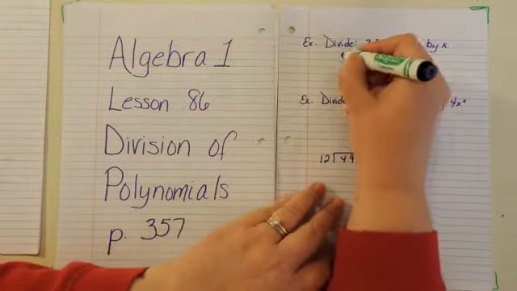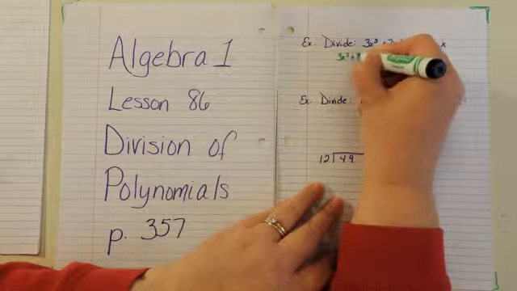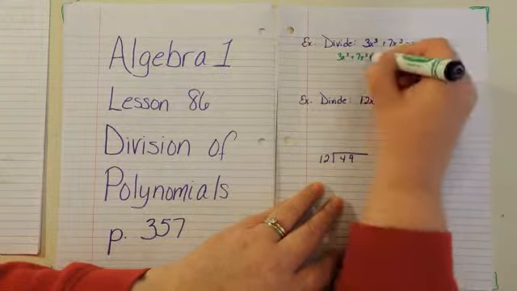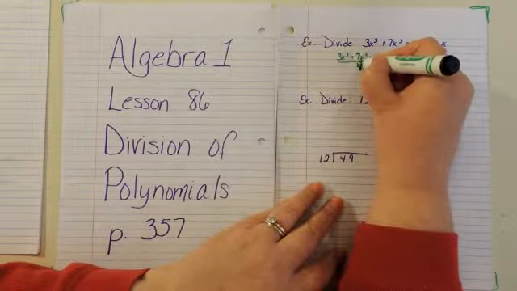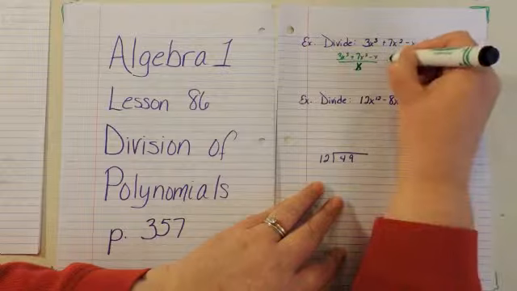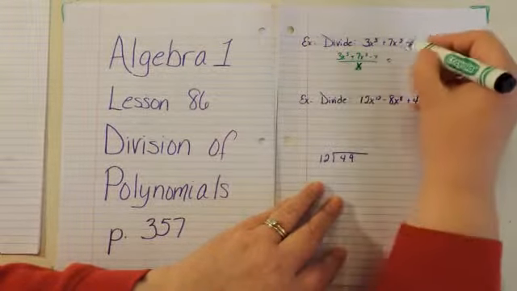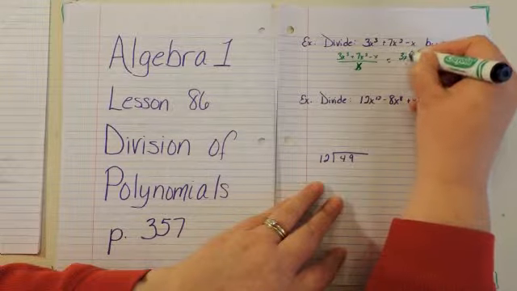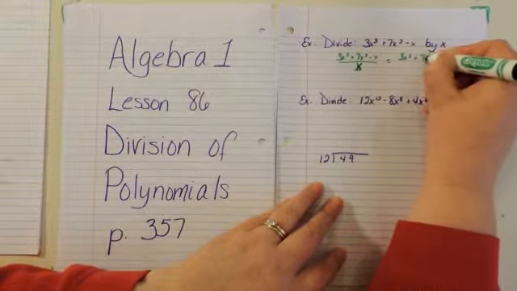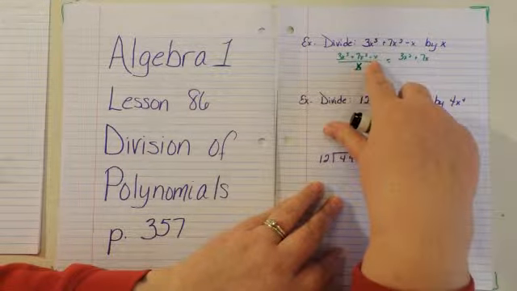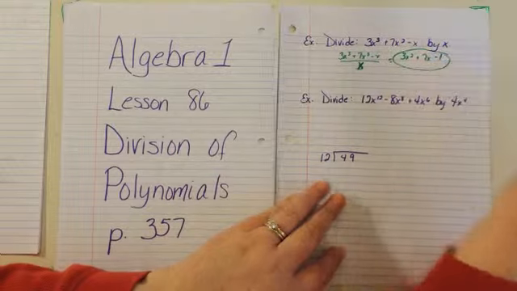If we divide x from this term, we get 3x squared. If we divide x from this term, we get 7x, and if we divide x from this term, we get minus 1.